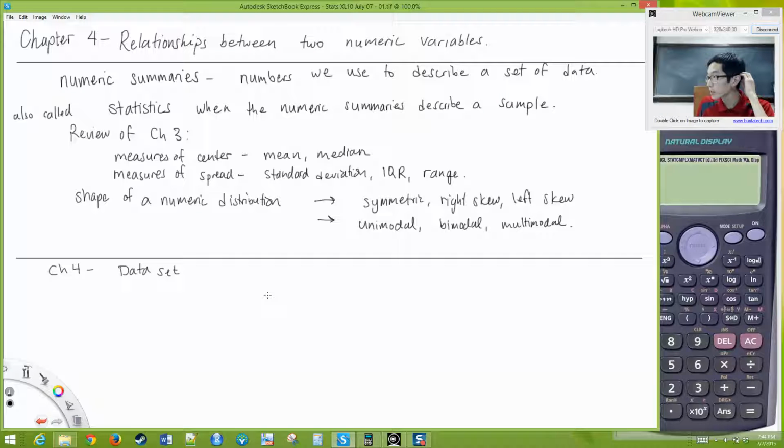So our data set, we went and we gathered information on all 50 states plus DC, okay? And for each state, we recorded the median age of marriage for women and the median age of marriage for men, okay?